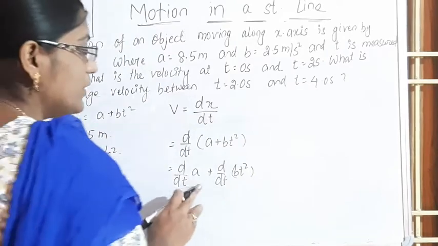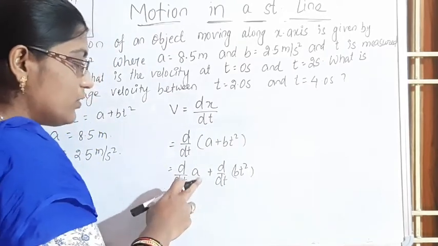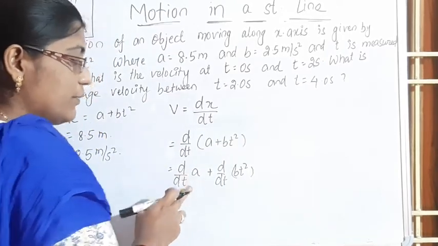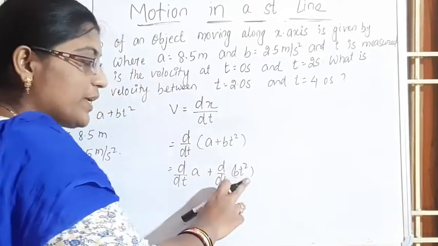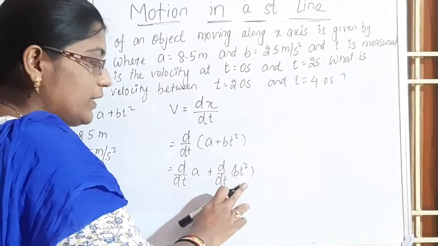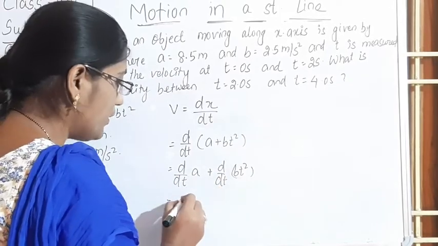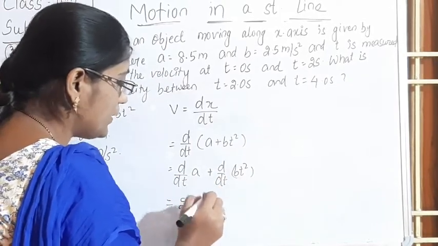Now we have to differentiate. A is a constant quantity, so its derivative will be 0, and here there is a variable t, so by differentiating this quantity we will get 2bt.